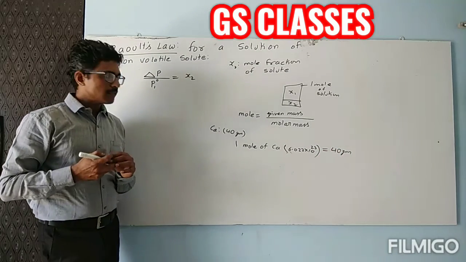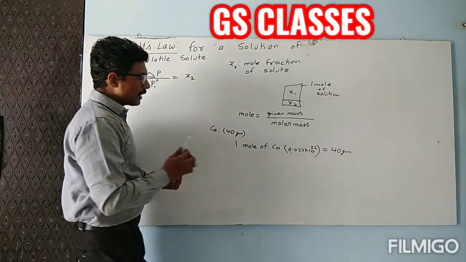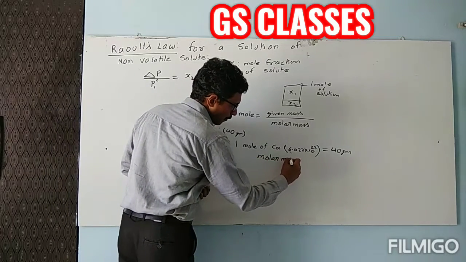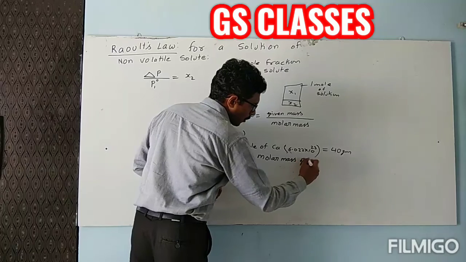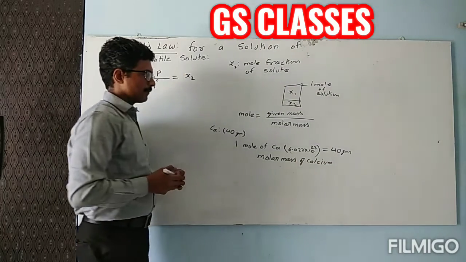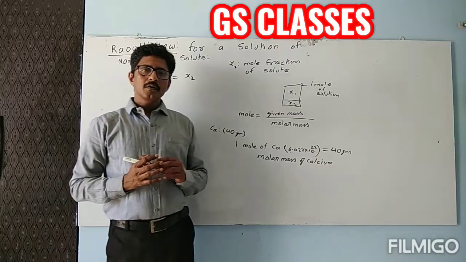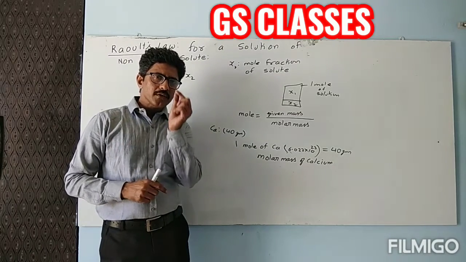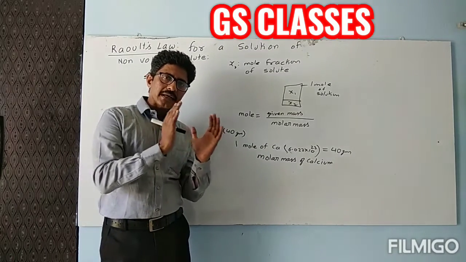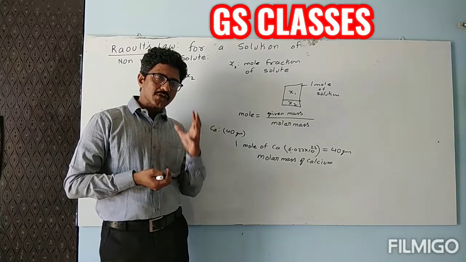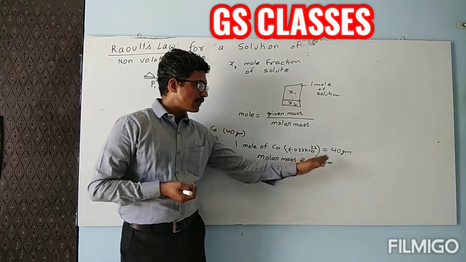Correct? It is known as the molar mass. Molar mass of calcium means mass of 1 mole of calcium. Molar mass of calcium is 40 gram.